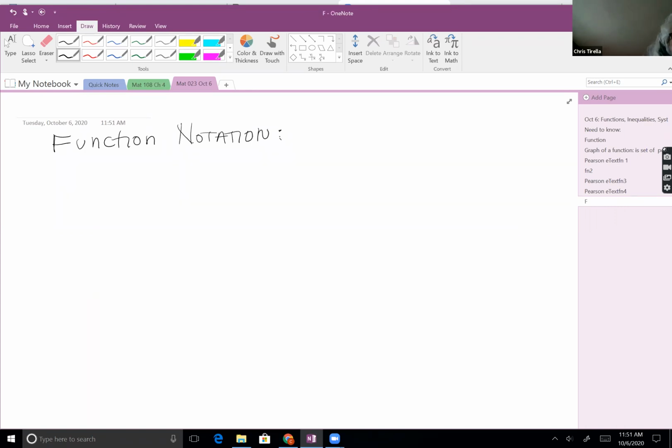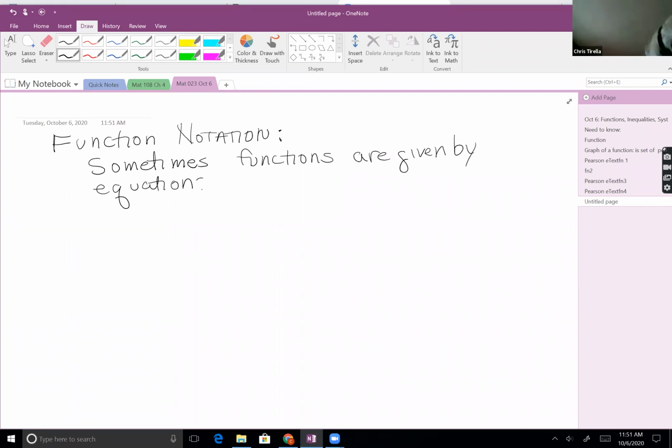And we're going to see that sometimes functions are given by equations. And when that happens, they're frequently named, usually with a lowercase letter.